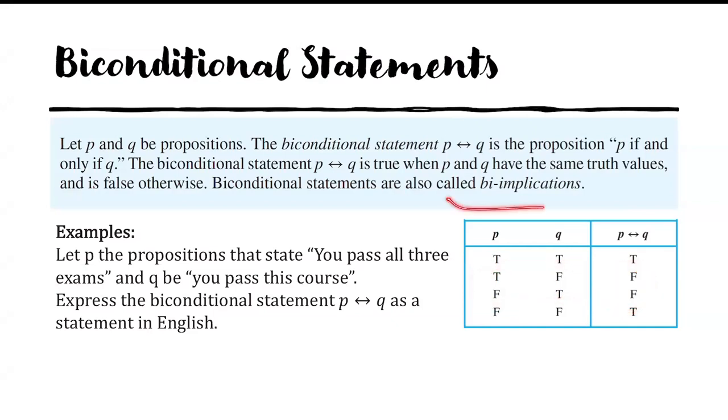This is called bi-implication because later you can prove that this biconditional is the same as combining P implies Q and Q implies P.